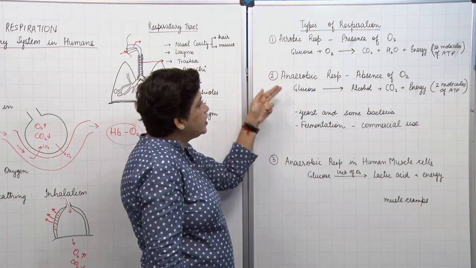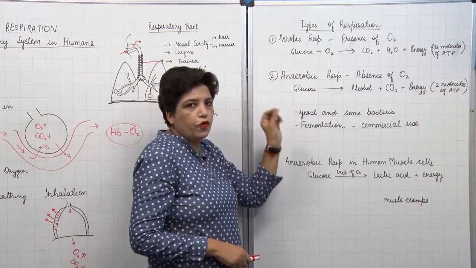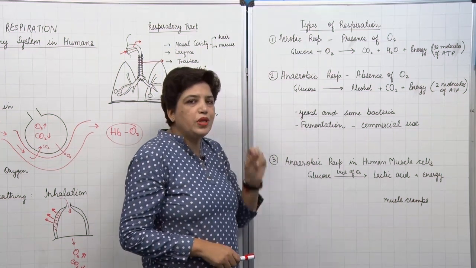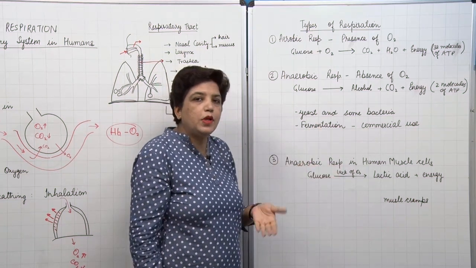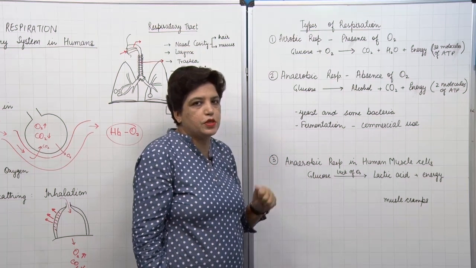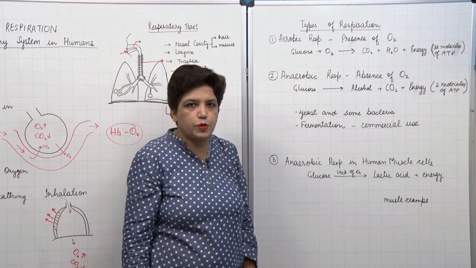Another type is anaerobic respiration, that is, in the absence of oxygen. Some unicellular organisms like yeast and some bacteria are capable of respiration even in the absence of oxygen. Such a type of respiration is known as anaerobic respiration.